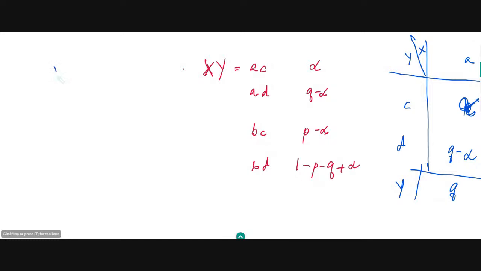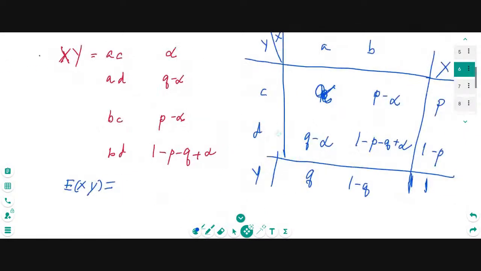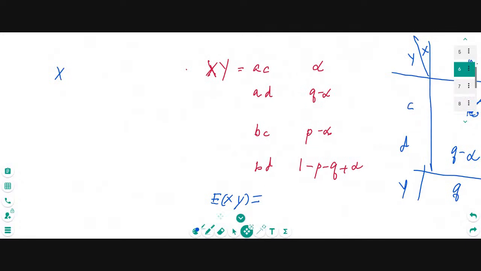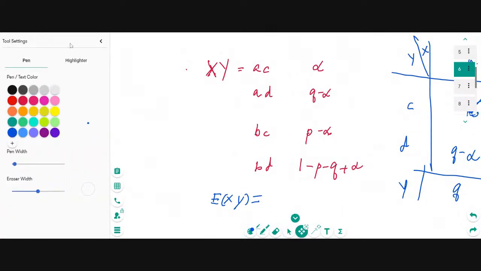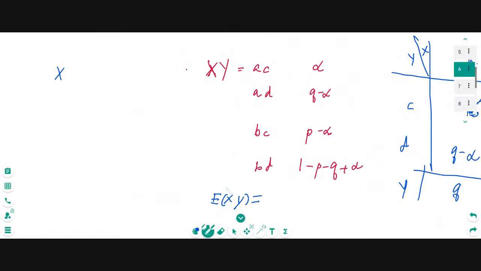So the expectation of XY, let's write it down. The expectation of X is A times Q plus B times 1 minus Q. You have to be prepared to do this type of calculation, okay?